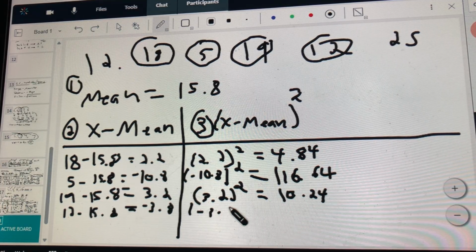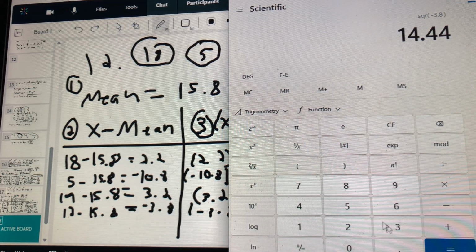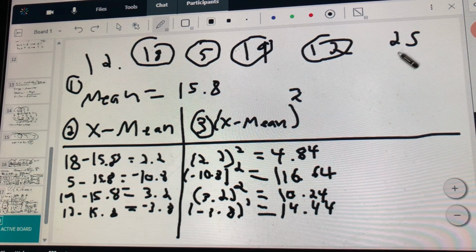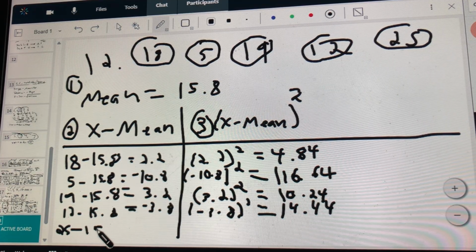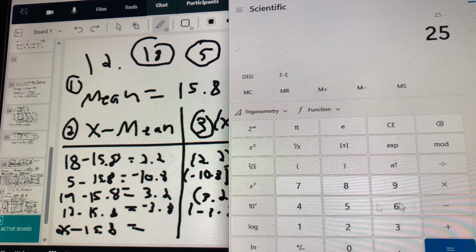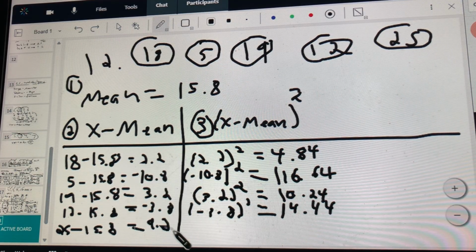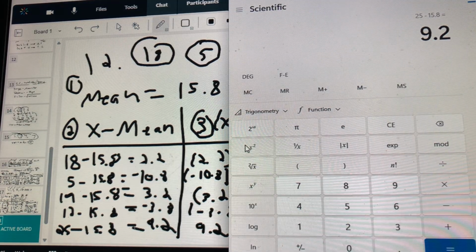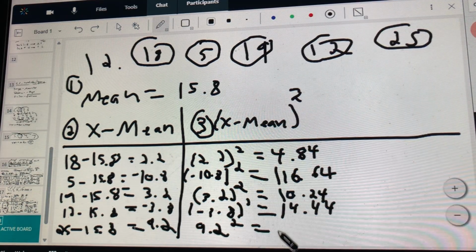Negative 3.8 squared is 14.44. And finally, 25. 25 minus 15.8 is 9.2. 9.2 squared is 84.64.